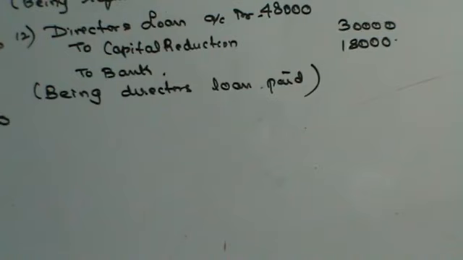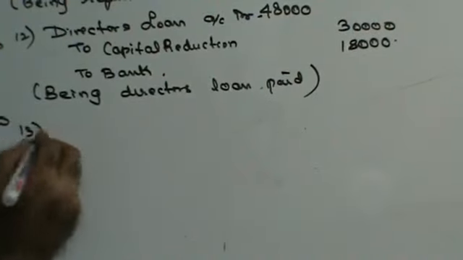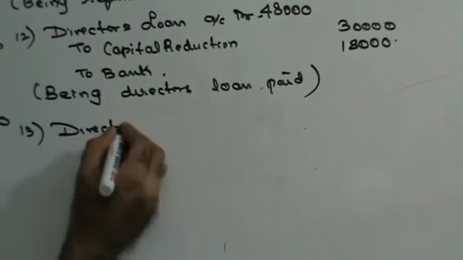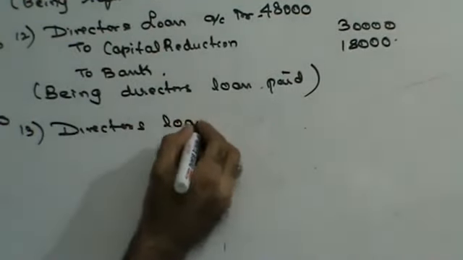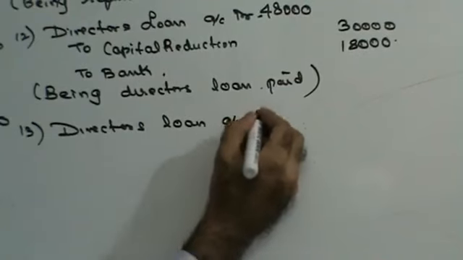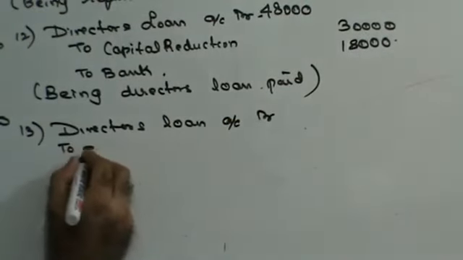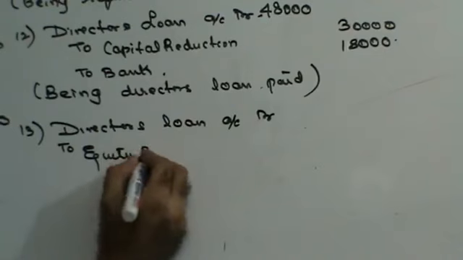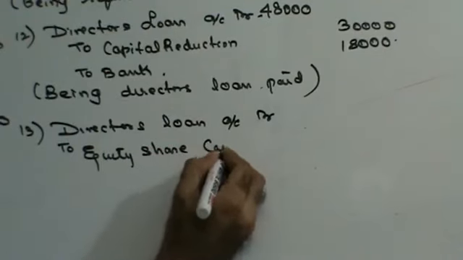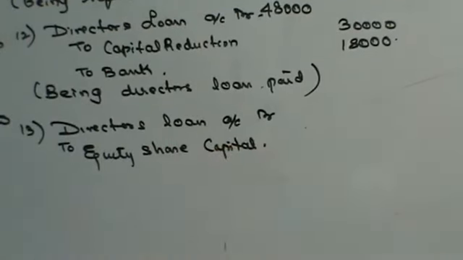the remaining directors agreed to take equity shares in satisfaction of their claim. Now, total directors loan as per the balance sheet is 1,50,000, out of which 48,000 has been paid. So, remaining is 1,02,000, right? Directors loan account debit to equity share capital, right?